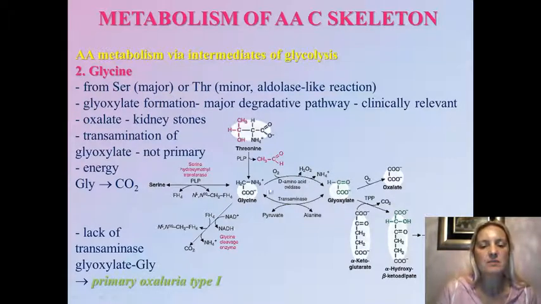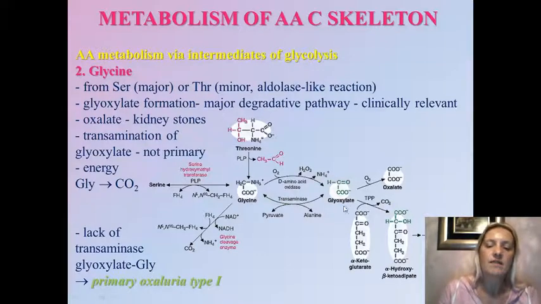So this degradative pathway is clinically relevant because glyoxylate can be further oxidized to form oxalate. And you know that oxalate tends to form precipitates with calcium ions, calcium oxalates, and this is the basis of the formation of kidney stones. Approximately 40% of kidney stones are of oxalate origin.